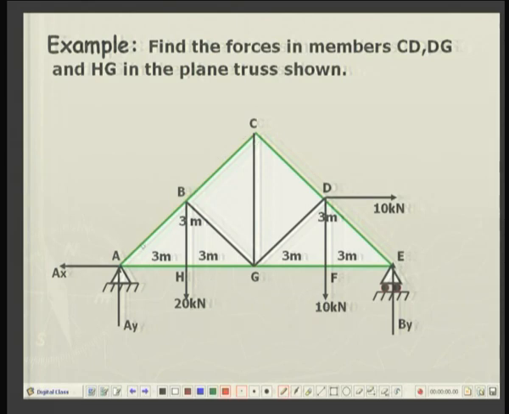The supports are a simple support on this side and a roller support on this, and the loads are 20 kilonewton at joint H, 10 kilonewton at joint F, both vertical, whereas there is also a horizontal load, sometimes wind loads on roof trusses. So, this is of the magnitude 10 kilonewton at point D.